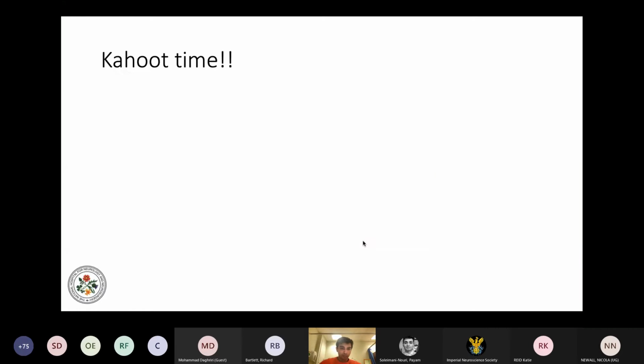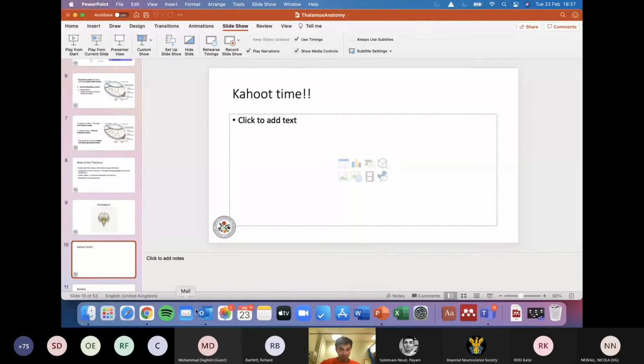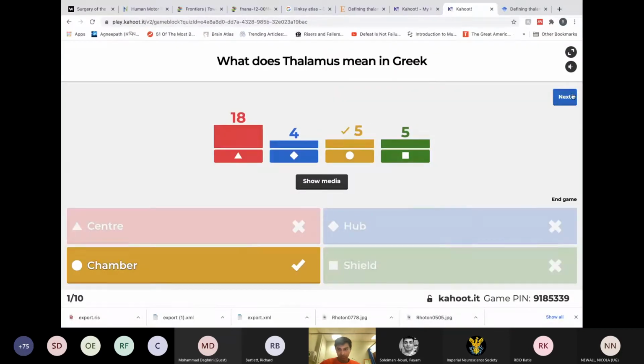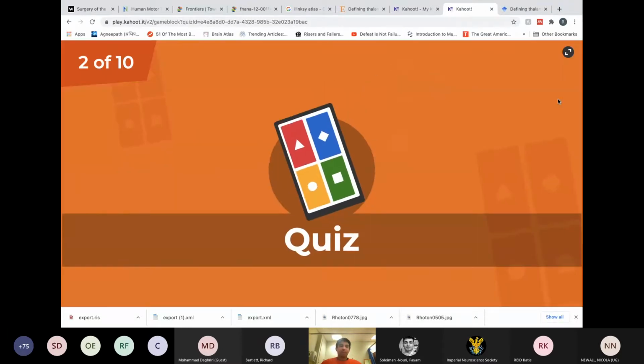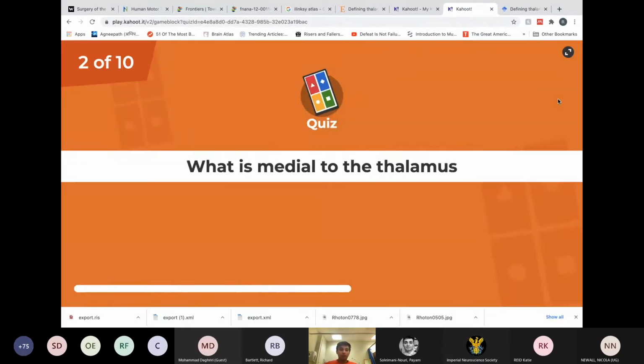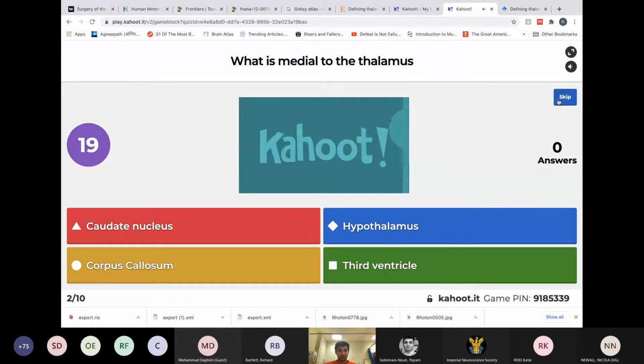Okay, time for another question. So back onto your buzzers. Okay, what is medial to the thalamus?